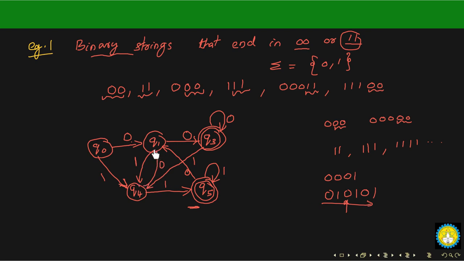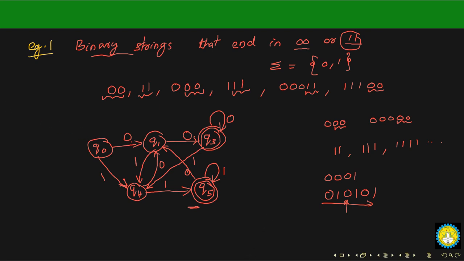And again, you have a 1, so you come back to Q4. So as long as the string pattern is 0, 1, 0, 1, 0, 1, there will be a continuous looping from Q4 to Q1, and we will never reach the final state. So let's look at another example.